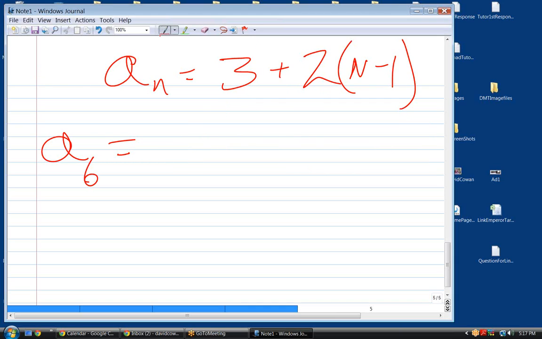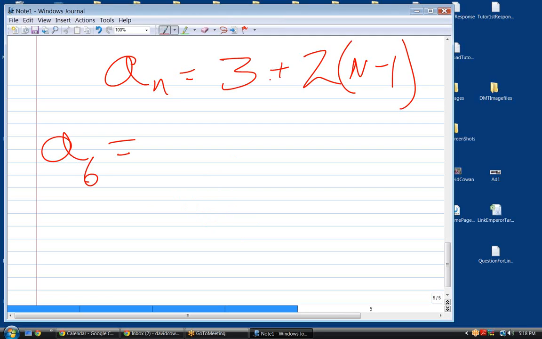So A sub 6 would be what? It's called A sub 6, not A of 6, just because a function is usually referred to like that, A of 6. But when it's a subscript, like this, it's A sub 6.